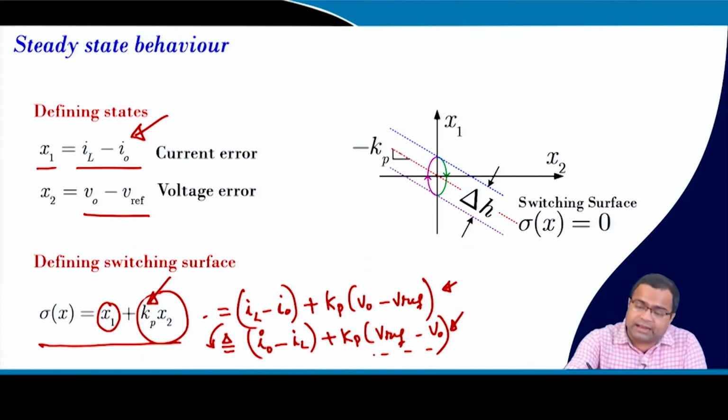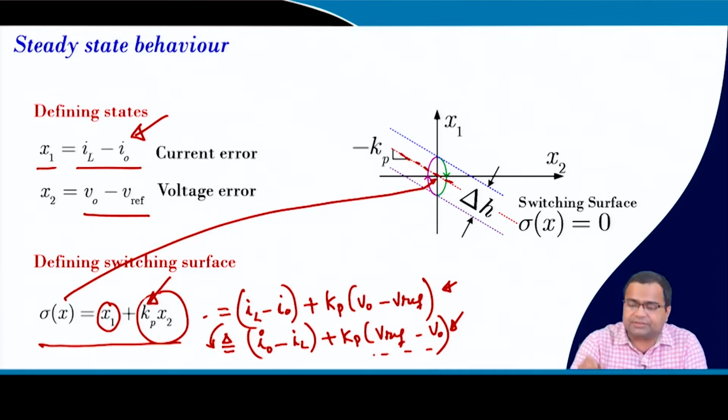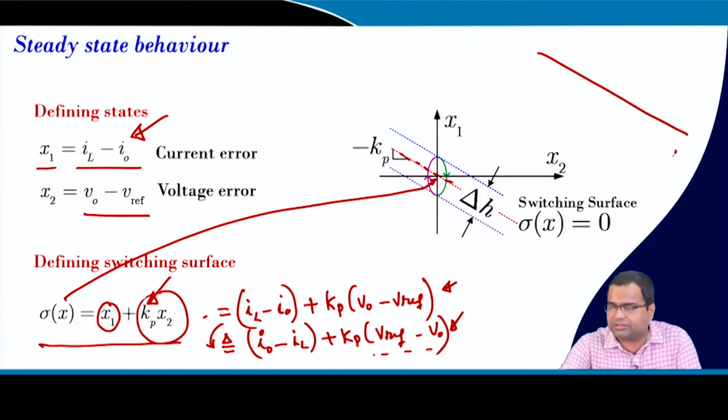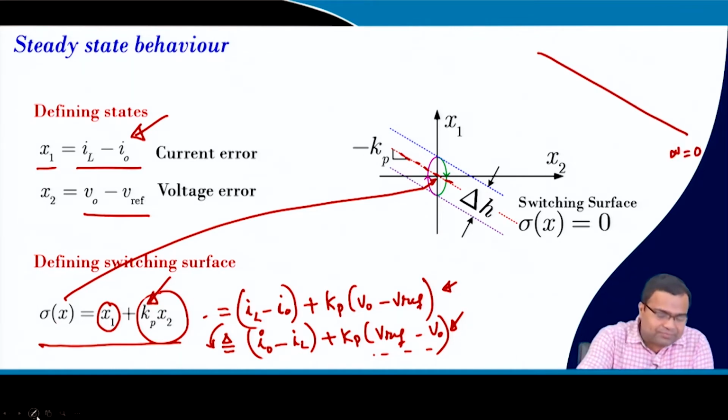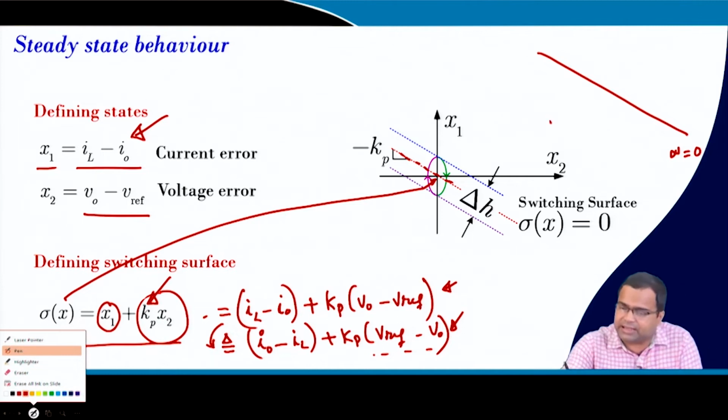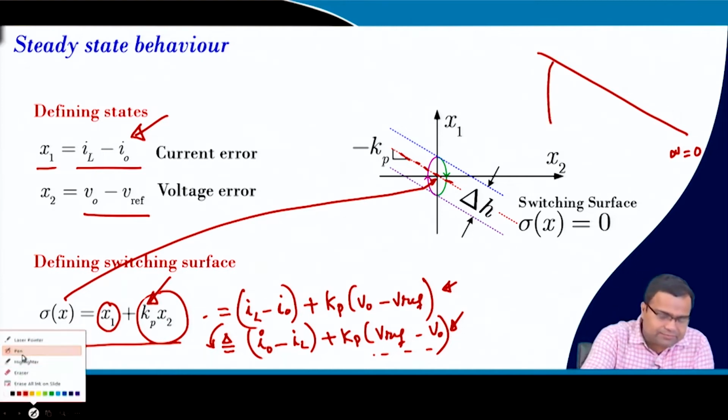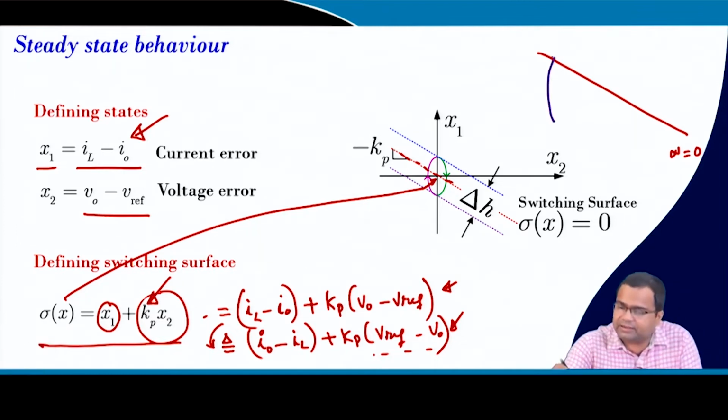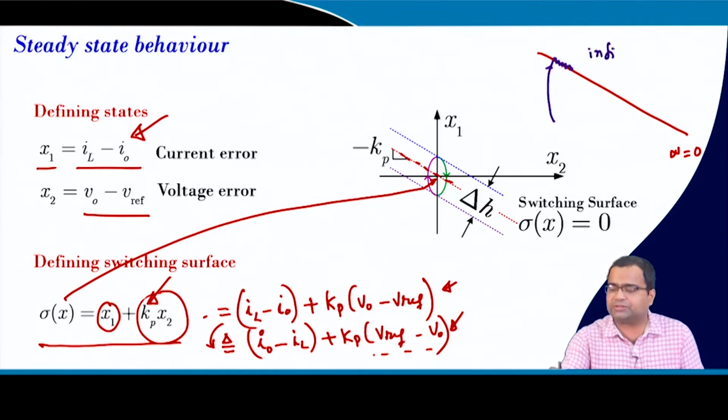Now, the red one is represented by this surface. If we use this surface and design the control law such that this is my switching logic, sigma equal to 0, and we force the trajectory to reach there, and once it crosses, it comes back here, then it will result in infinitely fast switching.